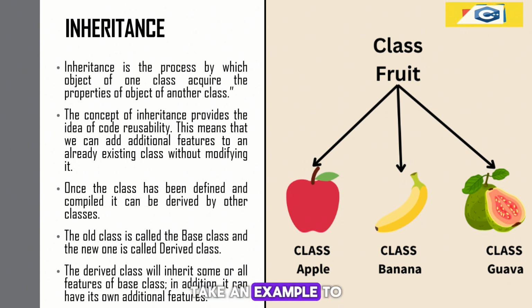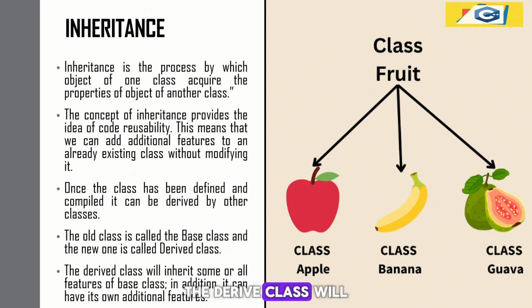Take an example. We see in this image a class fruit, and from this fruit class I have derived new classes apple, banana and guava. So the old class is the base class, and the new class is the derived class.